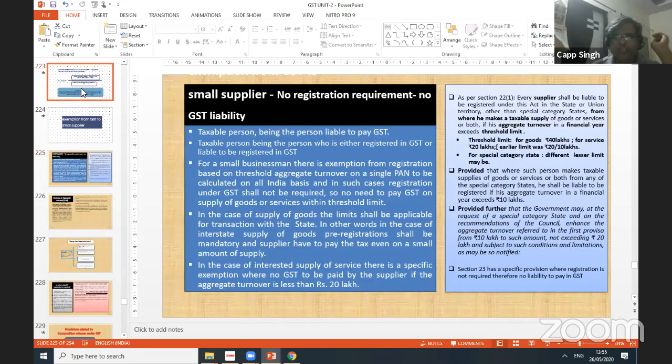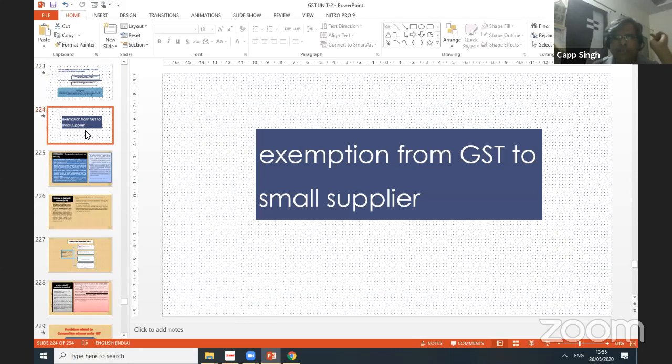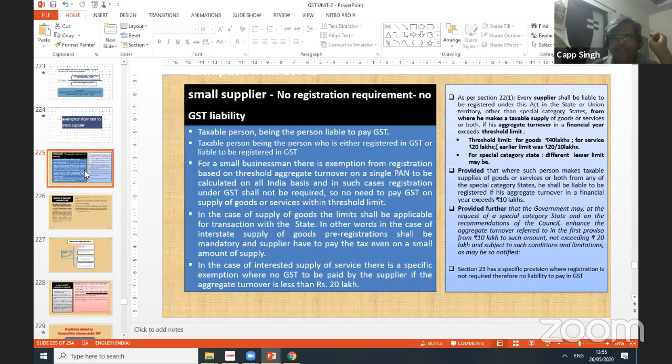Now I am referring to another provision, which is the exemption from GST for a small supplier. Small suppliers are exempted from GST. The threshold limit originally was 20 lakh aggregate turnover for both sale of goods and services, but now it has changed: for services it is 20 lakh, and for sale of goods it is 40 lakh.